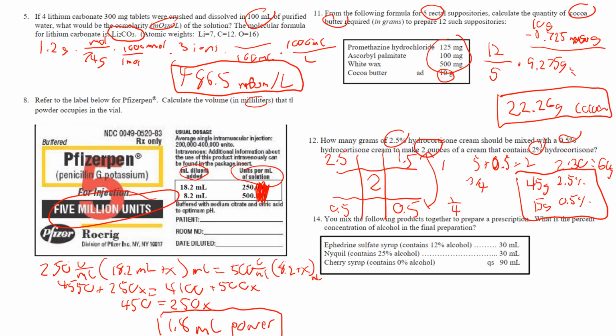So it's a simple kind of like concentration problem, right? We have 12% alcohol, 25% alcohol, and this much of each. And we know that the total is going to be, well, I'll get to that in a second. So 30 mils times 12% plus 30 mils times 25%.